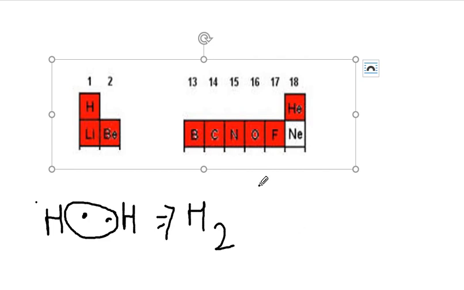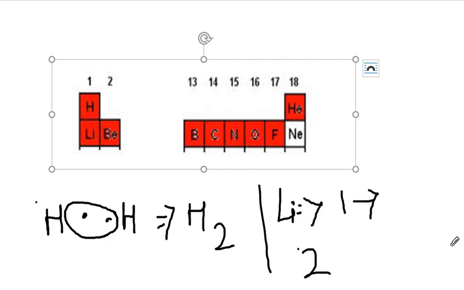Now if I consider lithium, if it gives 1 electron, it also attains the duet rule, with 2 electrons in the last shell. So this is the way we can follow octet rule and duet rule to form the molecules and to place them accordingly in the periodic table.